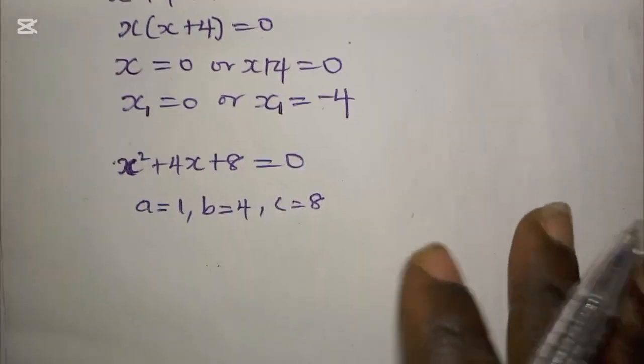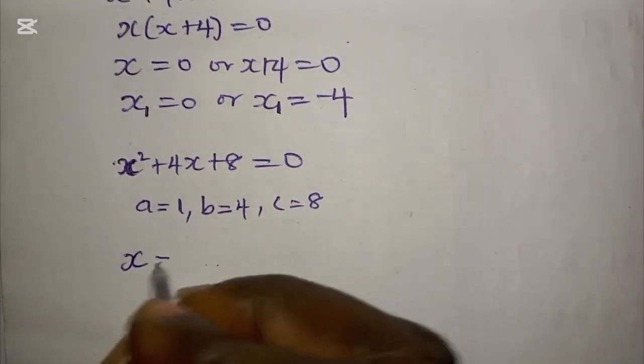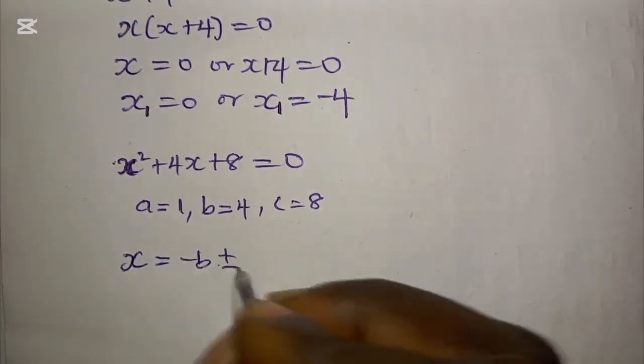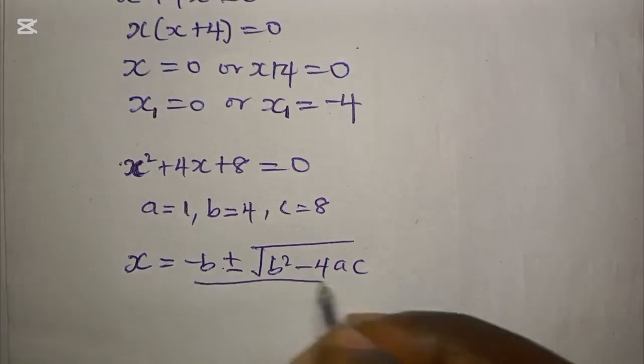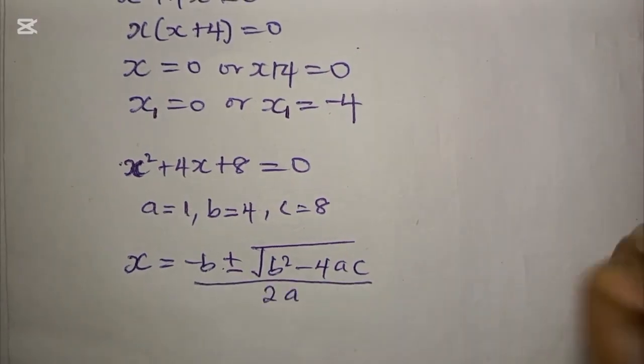So the formula says that x equals minus b plus or minus square root of b squared minus 4ac, all divided by 2a.